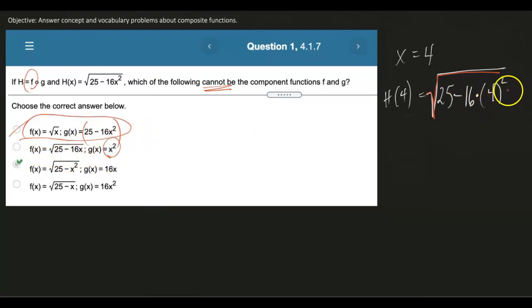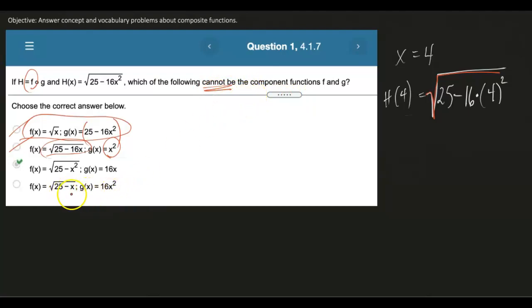And actually that was the exact thing that we did over here first. And then after that, we would do this operation. We would multiply it by 16, subtract it from 25, and then take the square root. So this is another viable option for f and g. In other words, it's not going to meet the requirement of the question.